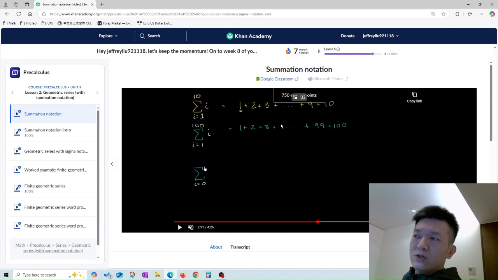Plug in your 3, it's going to be a 6. So all the way down, 2, 4, 6, and you sum them up. That will be an arithmetic series. It's not geometric, because 2, 4, 6 is adding 2 in between.